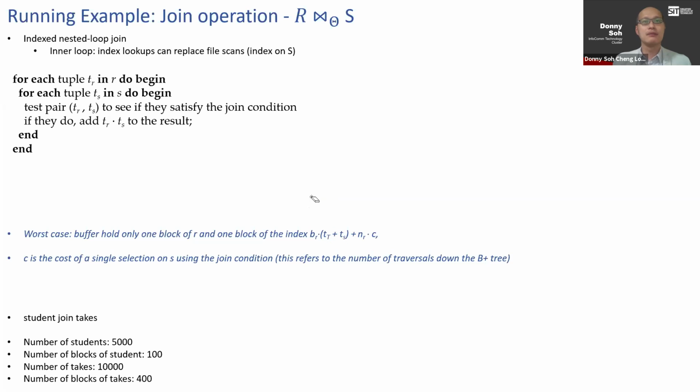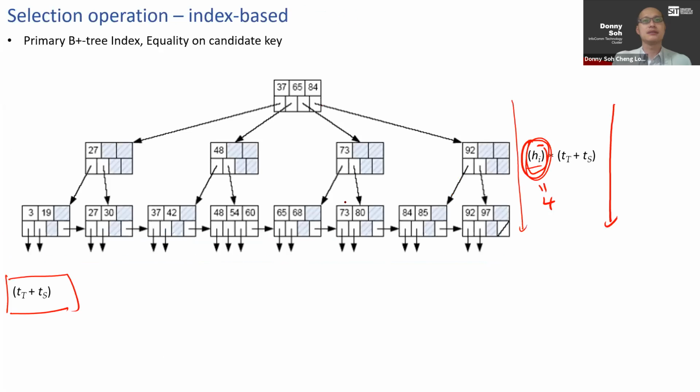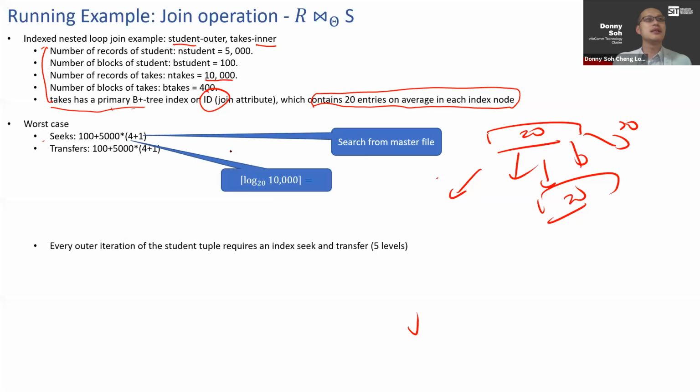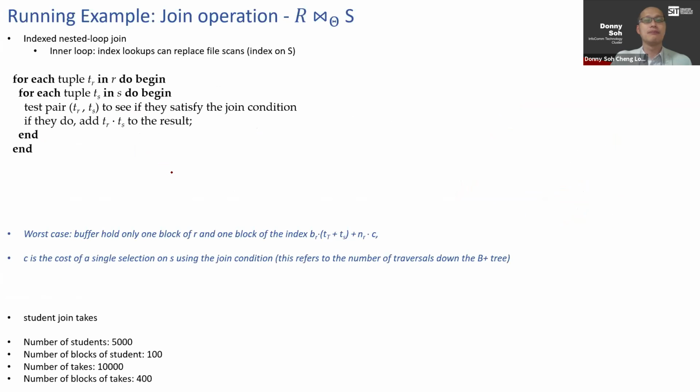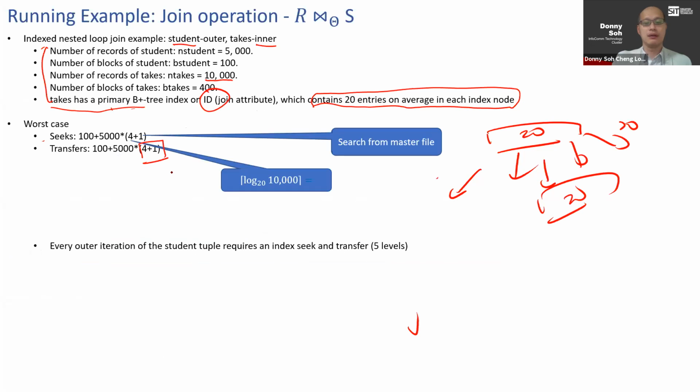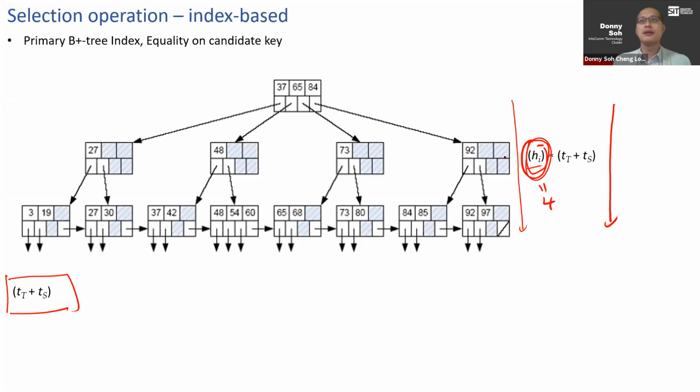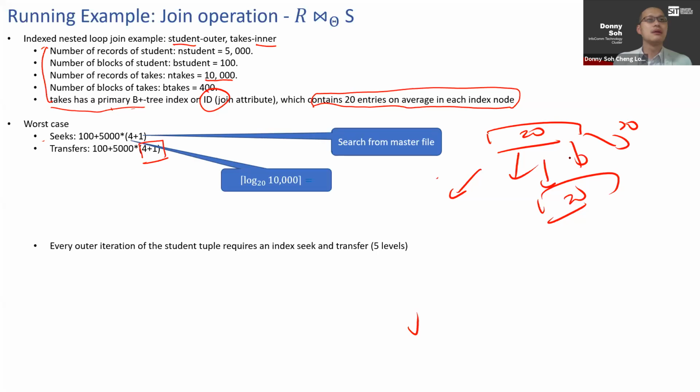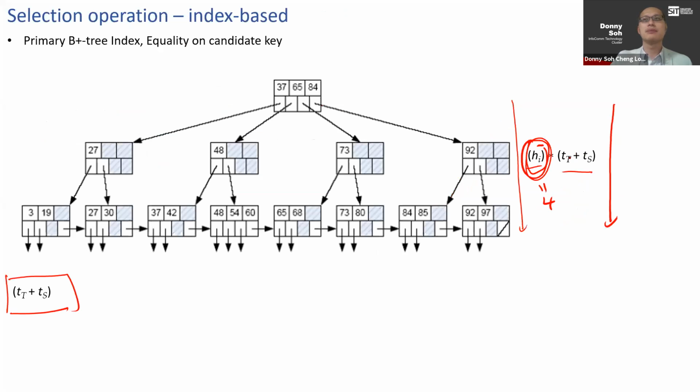Sorry. C is the cost of selection. So C is equal to this number, which is 4 plus 1, multiplied by this number, 4 plus 4 multiplied by this number.